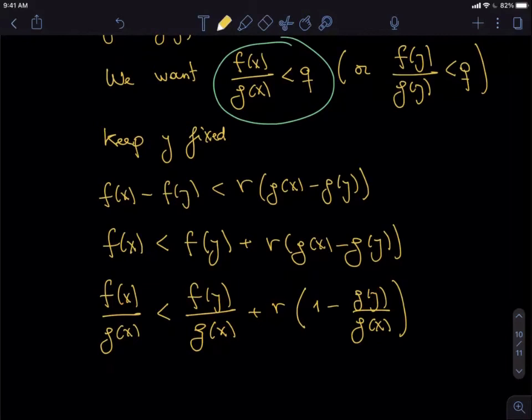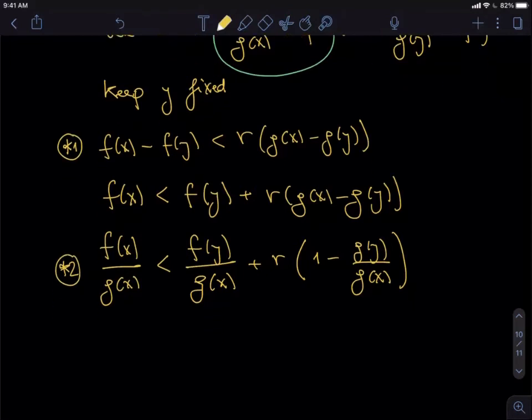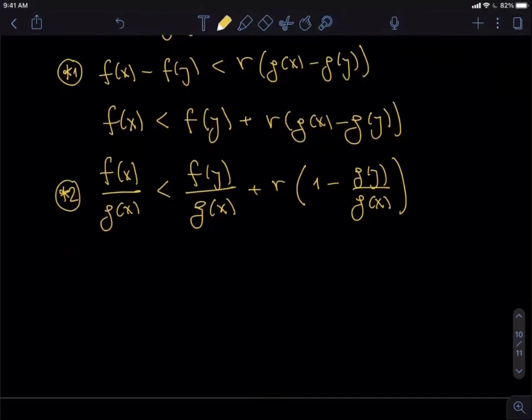But there is something I was not very careful about in this argument. So there are two problems in these few lines. First one is here, and the second one is here. Now, what is the problem?